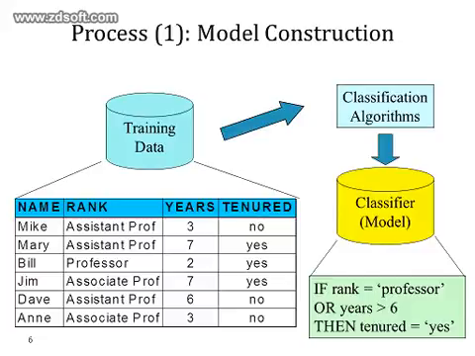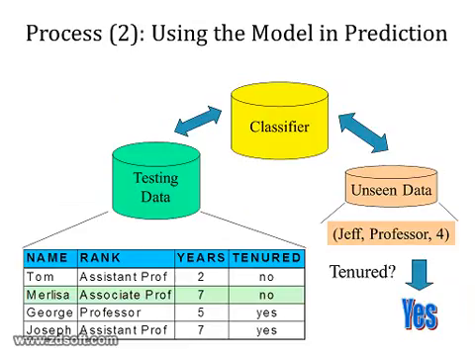The classification algorithm develops a classifier model: if a person is a professor, or if he or she has more than 6 years of experience, then they can be labeled as tenured, else labeled as not tenured. This is what the classification algorithm learns, and this is our predictor model now. Now, with the developed classifier model, we try to label a new set of data, also called test data.